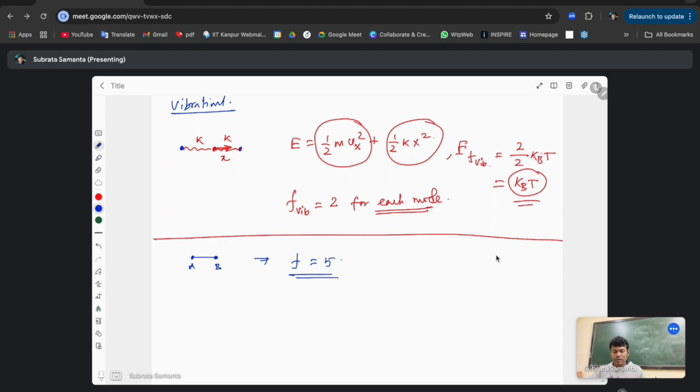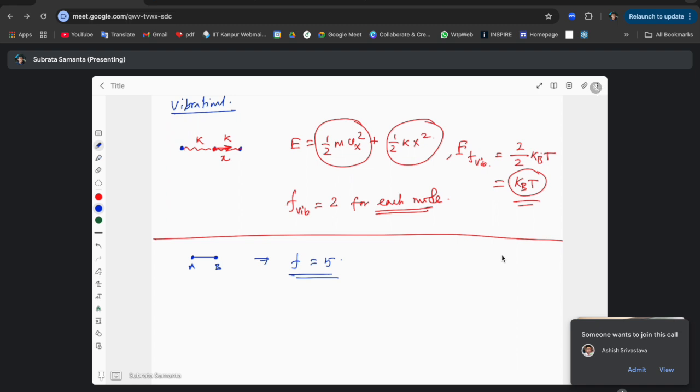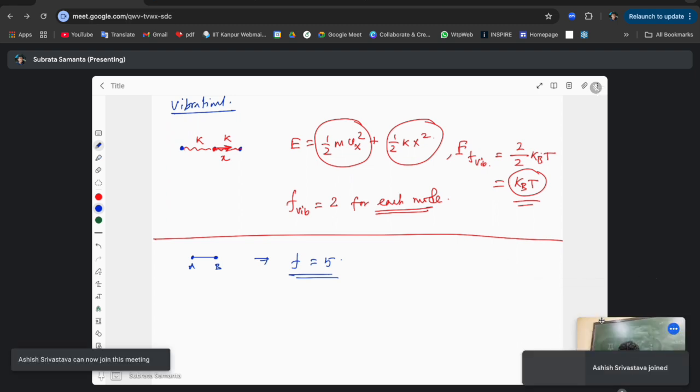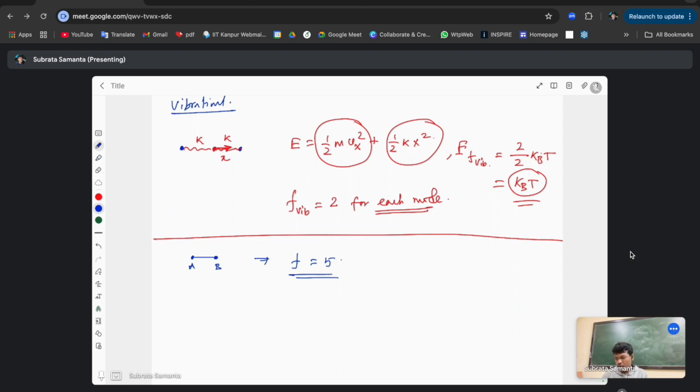There is no vibration. So if there are only two atoms in a molecule, it's basically only translation and rotation, but no vibration.